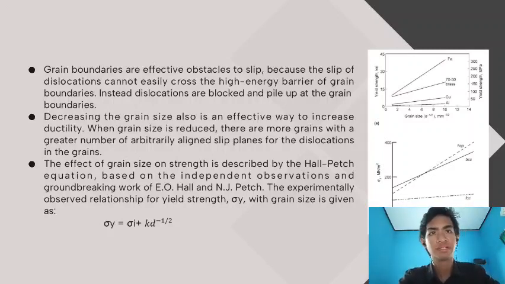The effect of grain size on strength is described by the Hall-Petch equation. Based on the independent observations and groundbreaking work of E.O. Hall and N.J. Petch in the early 1950s, this equation relates the effect of grain size to the yield strength of a material.